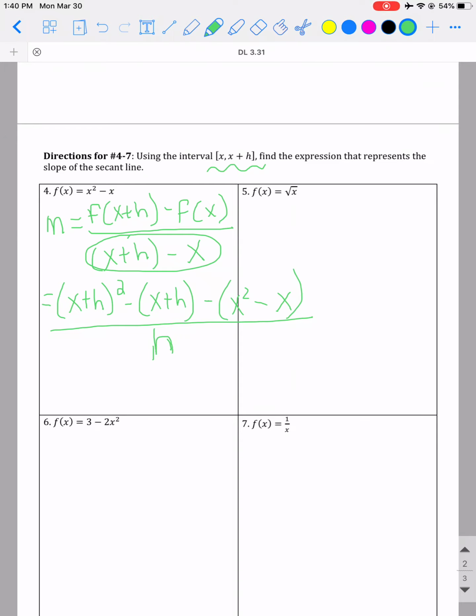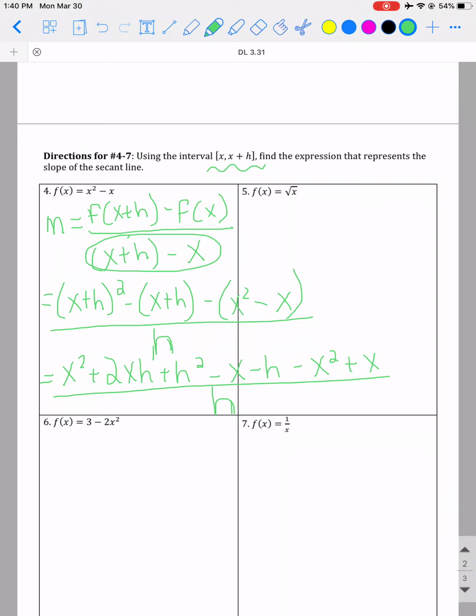Okay, now we need to take a second to multiply out the top, and I'll get x squared plus 2xh plus h squared. Then distributing that negative, so I'll have minus x minus h minus x squared plus x, and again, all of that is over h.